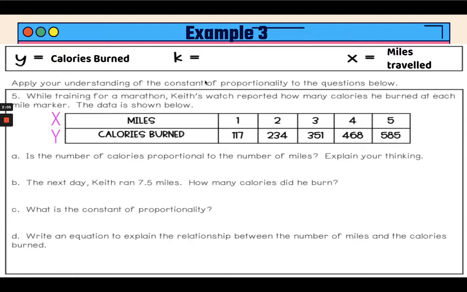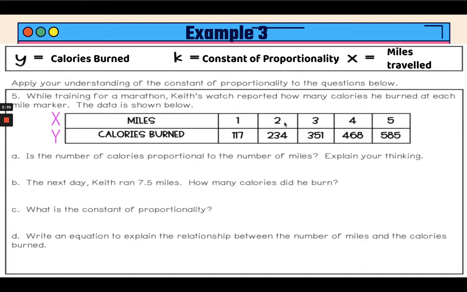And then remember, k is our constant of proportionality or unit rate, whichever word you like better. First question, is the number of calories proportional to the number of miles? So does this show a proportional relationship? 1 mile is 117.